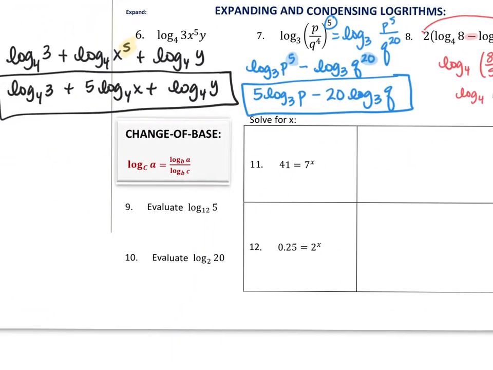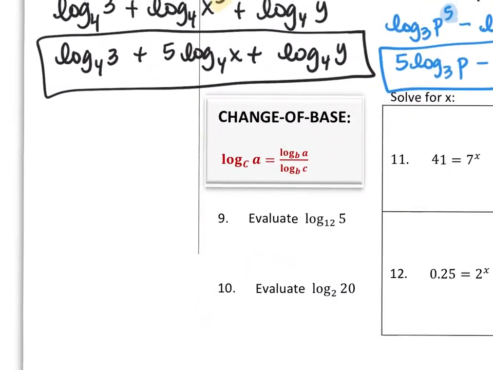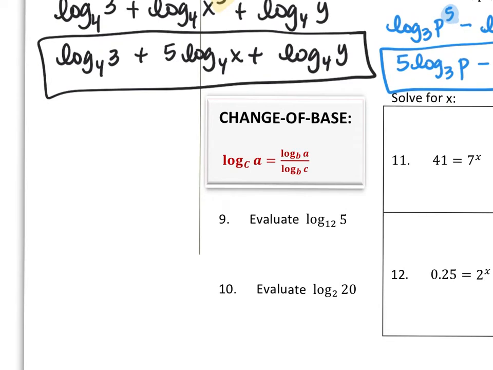All right, so this next part is the change of base. Now this is hugely important because you can solve equations with this. You can change base using your calculator. And basically what this means is if they're asking you to evaluate, like this one, it says evaluate log base 12 of 5, you can't plug it in your calculator, because in your calculator you only have log and ln.